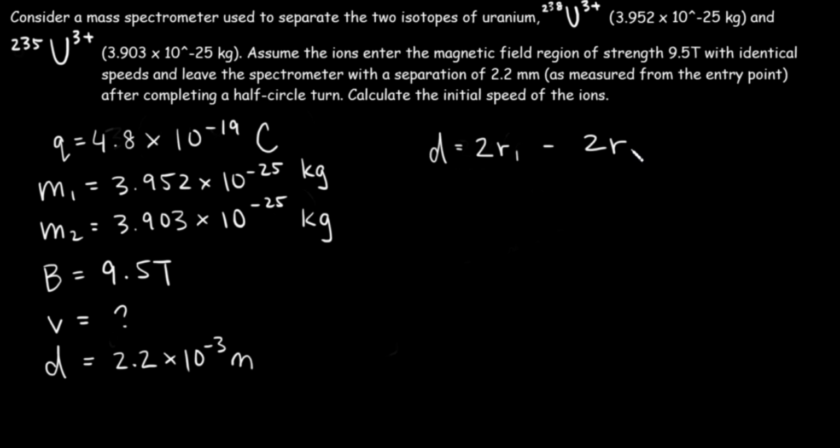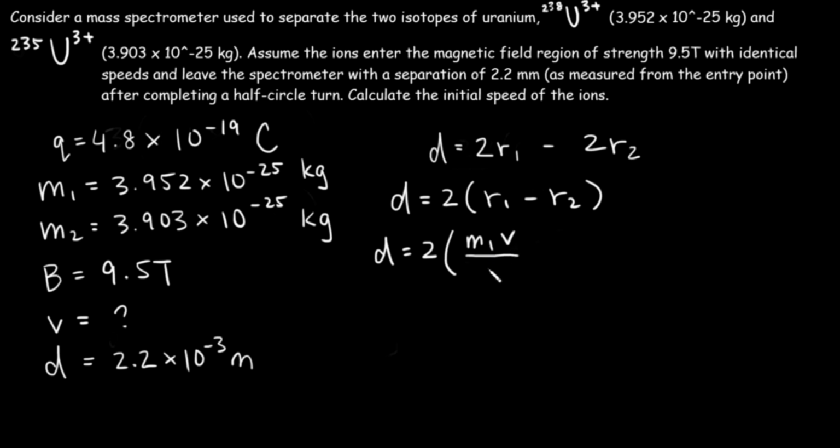So we have radius 1 and then radius 2. And now we can just factor it out since we have a 2. And if you remember from the first example, the radius is equivalent to m, in this case we're going to have 1 since it's radius 1, V over QB.